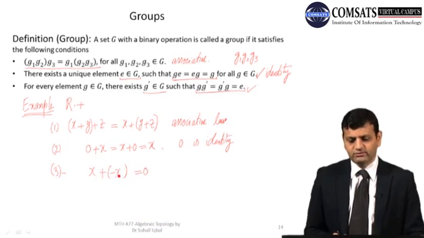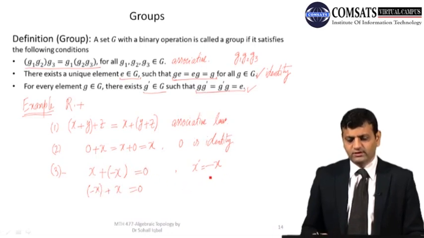If I add x and minus x, this is going to be my identity element, and if I add them in any order, the result is the same. So there exists an element x prime, in this case minus x, such that if I add x and x prime in any order, the result is 0. So all these axioms are satisfied by R under addition. So R under addition is a group.